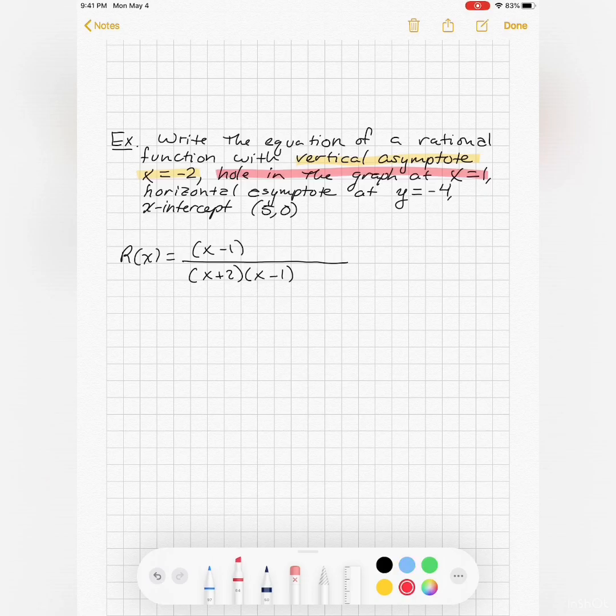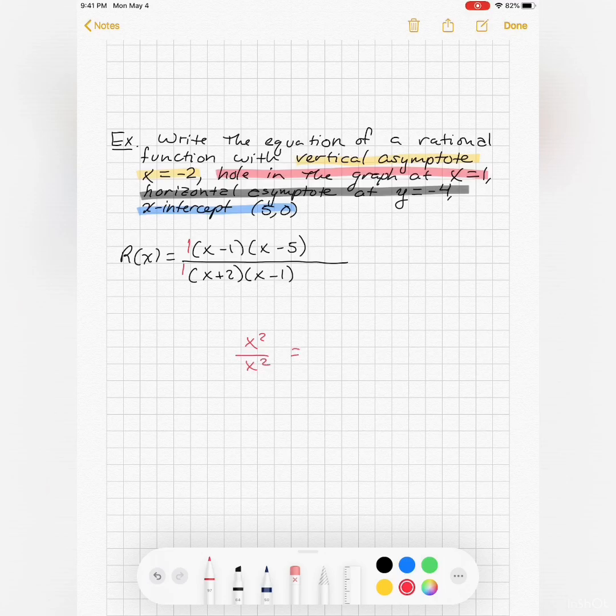Let me look at this last one for a second first. X-intercept at 5, 0. So I'd have to have an x minus 5 in the numerator. All right, the only thing left, horizontal asymptote at y equals -4. So if I left my function as it is, I'd have a horizontal asymptote at 1, right?